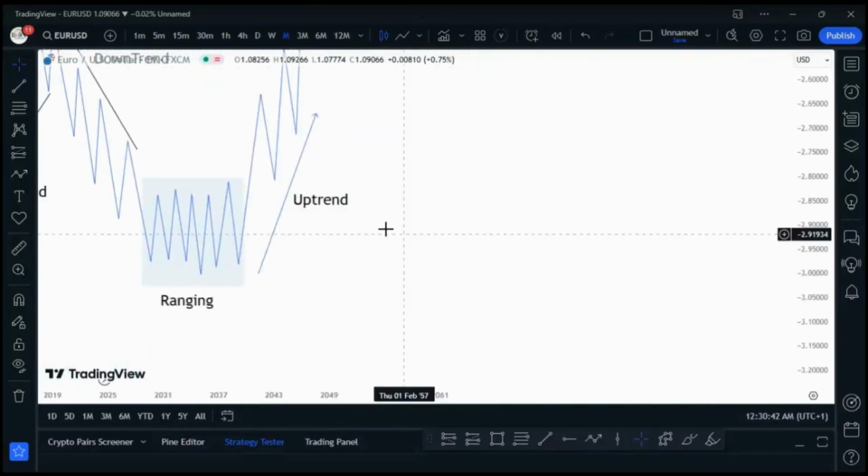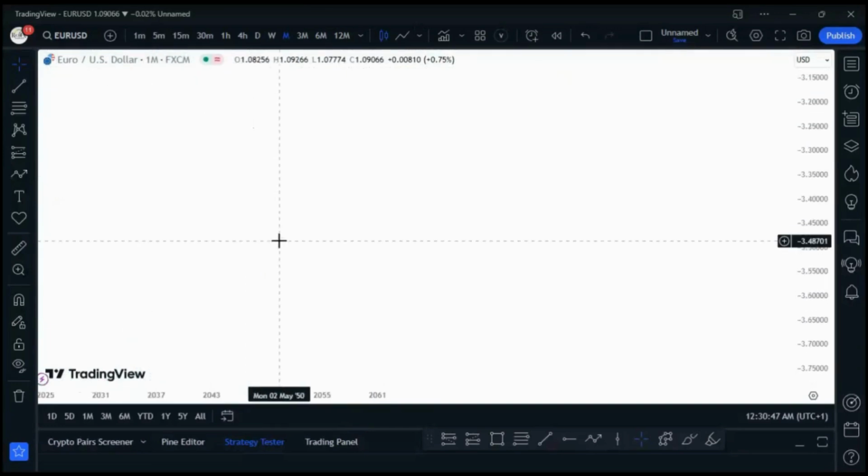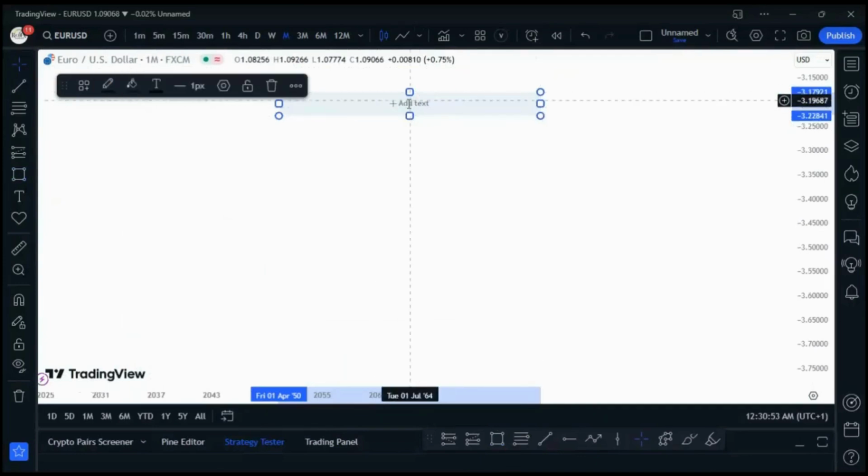Now, what is support and resistance? I'll be explaining that to you guys so you have a clear understanding of what it is. Let's talk about support first.